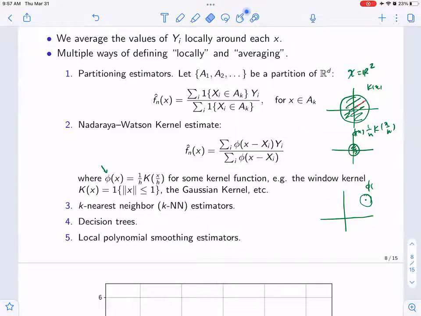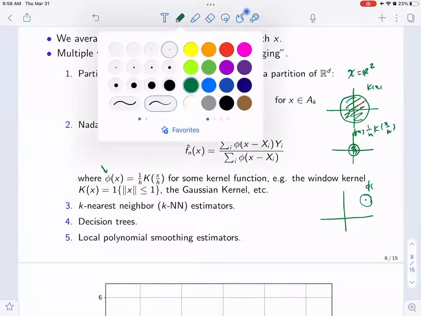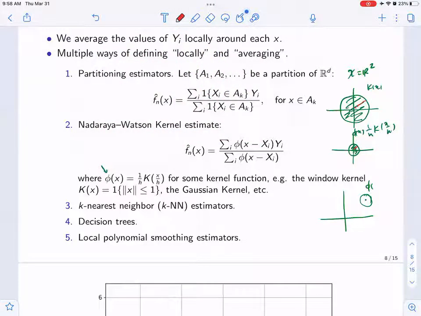Yes, that's right. Oh yeah, no, yeah, right. The radius is h, right? You're right. Sorry, I made a mistake. Yeah, so when h is small, that is better. So h is controlling the radius of the neighborhood, okay?